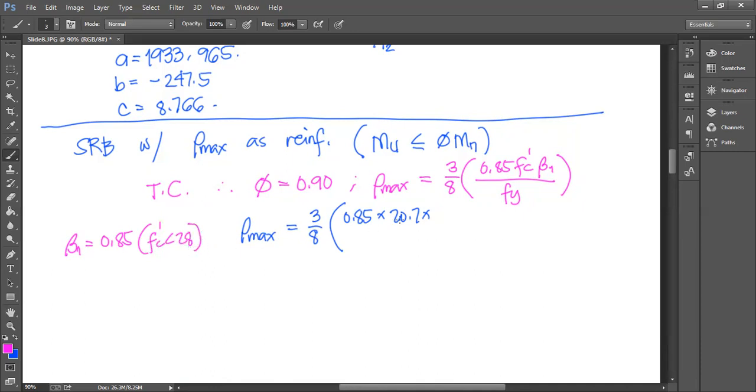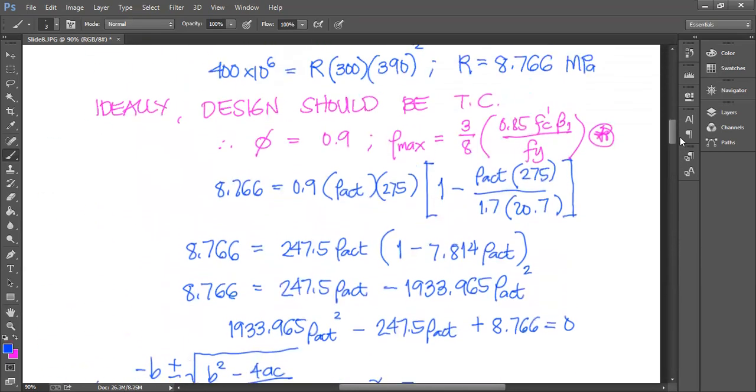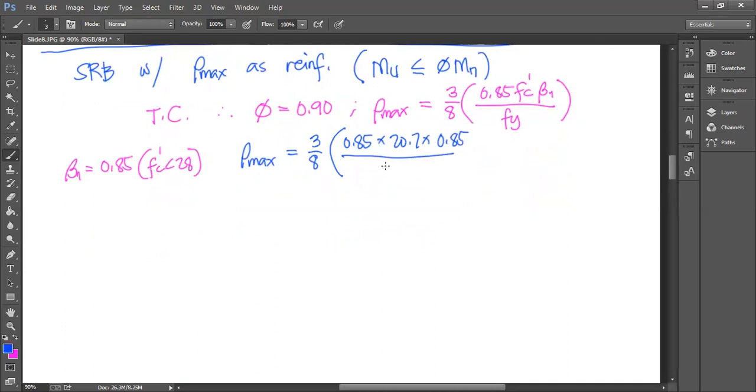Ngayon, yung 0.85 times 20.7 times 0.85 ulit, all over Fy, wherein our value of Fy is 275. Raw maximum now is equal to 3/8 multiplied by 0.85 and 20.7 and 0.85 all over 275. Meron tayong 0.0204.